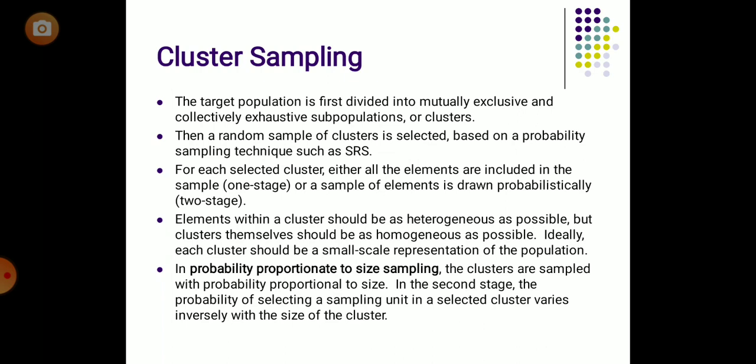In the example we have seen, the researcher selected 50 respondents from society A or society B. It doesn't make any difference because society A and society B are homogeneous. So this is the method of cluster sampling.